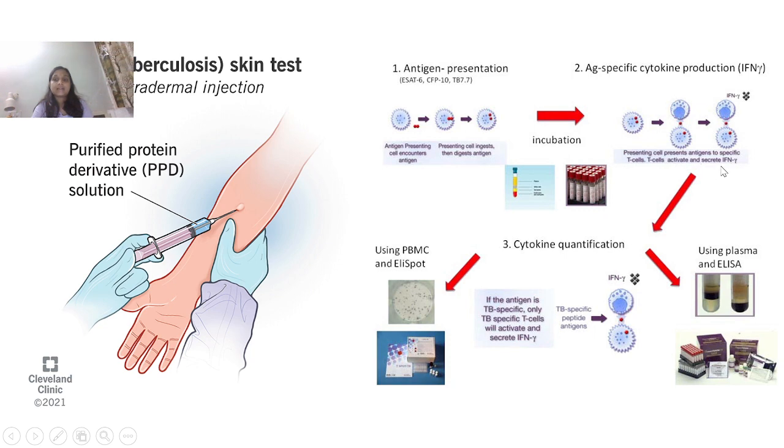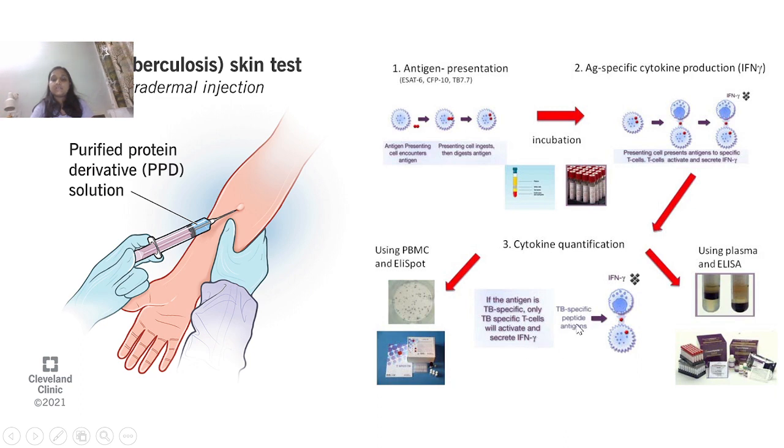T cells will get activated and secrete IFN gamma. So after that, antigen specific cytokine production, like this IFN gamma, will be secreted. Then you have to quantify the IFN gamma. If the antigen is TB specific, only TB specific T cells will activate and secrete IFN gamma.